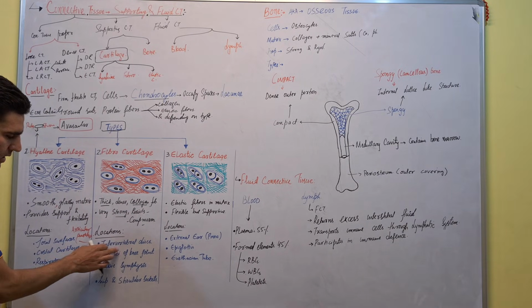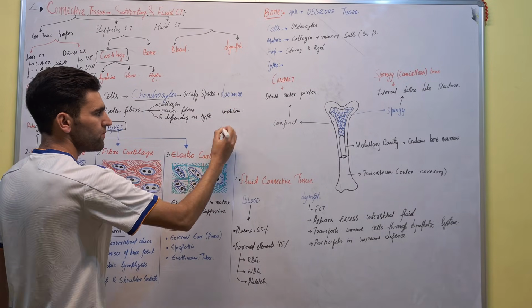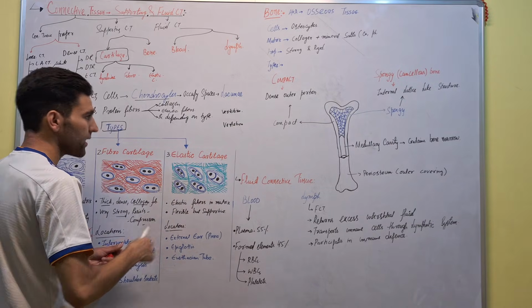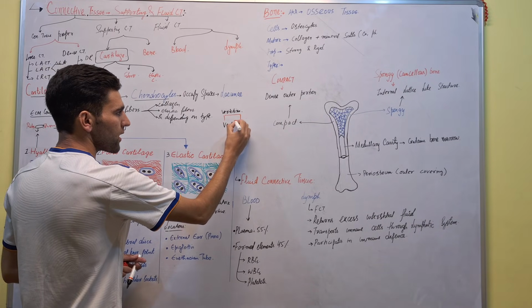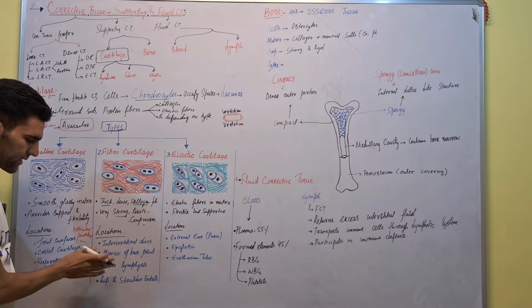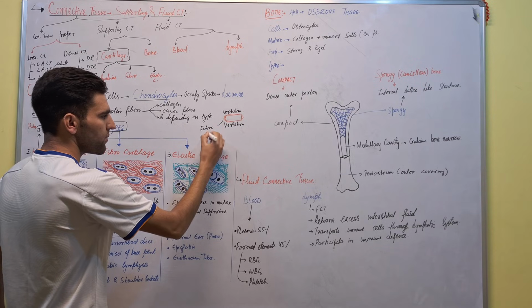Now where is it present? First, it is present in intervertebral discs. That is, if this is a vertebra and this is another vertebra, here is the cartilage we call the intervertebral disc. It is made up of fibrocartilage.